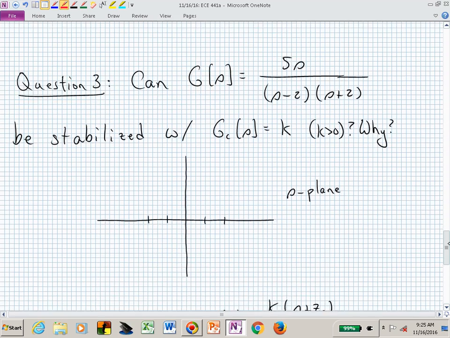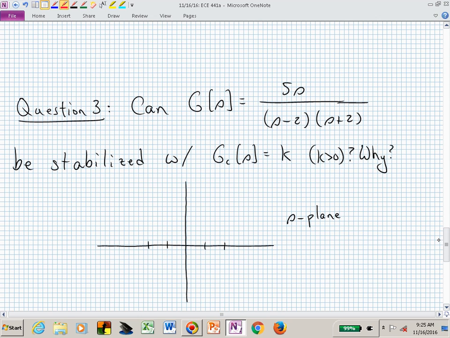Here's question 3. Can G of s equal to 5s over (s minus 2)(s plus 2) be stabilized with a pure gain controller? What's your first step?